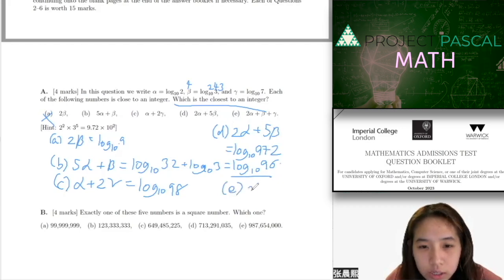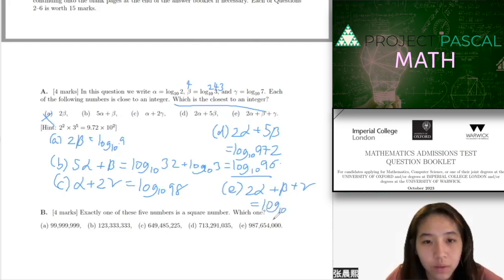And then E is 2 alpha plus beta plus gamma, which is log 10 of 4 times 3 times 7, 84. And that isn't really close here. So now we look at 98, 972, and 96. 98 is closer to 100 than B is, so it crosses out. And you know that log base 10 of 98 plus 1 is equal to 980. So this makes it closer to an integer than D is, so the answer is C.